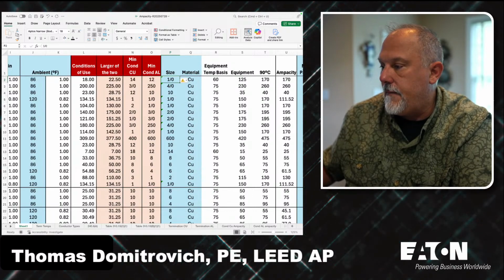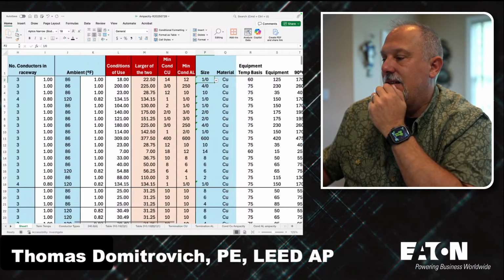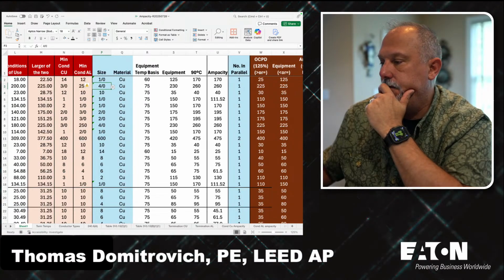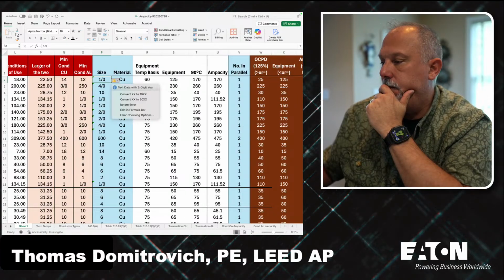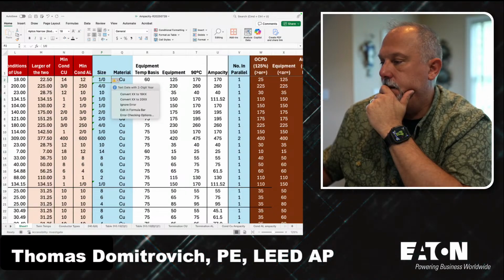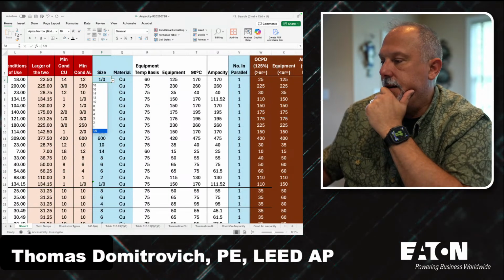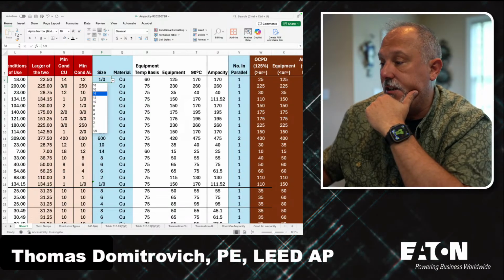Why is it doing that? I got 86. Why can't I pick? Ignore error. I'm going to change this to, the minimum size is a 14 copper.